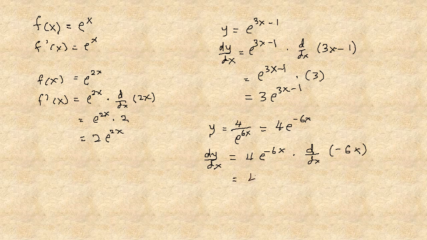So we get 4e to the power of negative 6x multiply by differentiate negative 6x, we get negative 6. So now we get negative 24 e to the power of negative 6x, or we can write as negative 24 over e to the power of 6x.